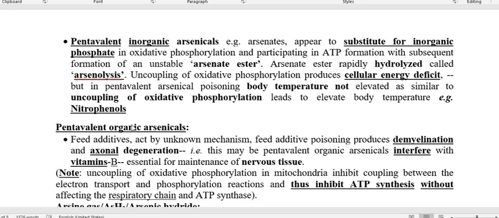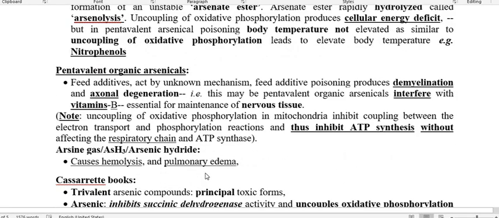How? These pentavalent organic arsenicals produce demyelination or axonal degeneration, and therefore they produce neurotoxicity.